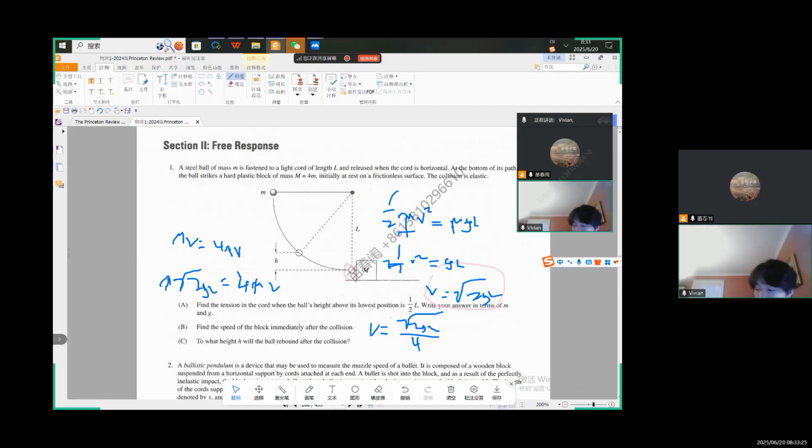The momentum is conserved and all that. If the energy is conserved, that means 2mv has to equal mgl, right?